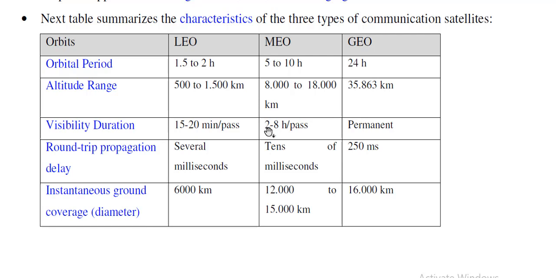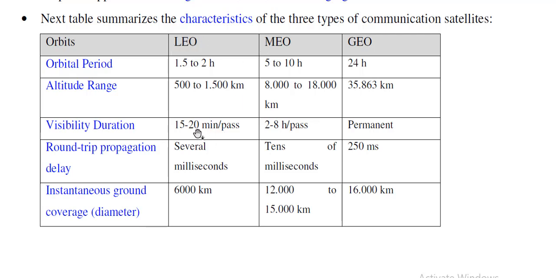For the LEO and the MEO, of course the Earth is faster than them, which means that we will see them go. So we need to do a handoff, to transfer our signals or our communication from one satellite to the closest one. But we have a difference between the LEO and the MEO.